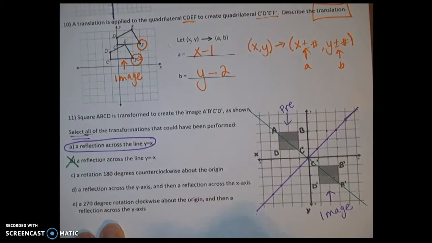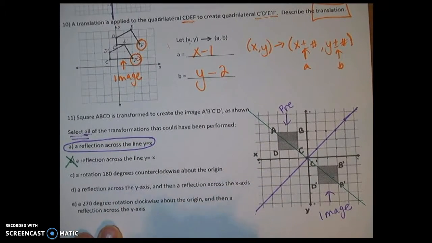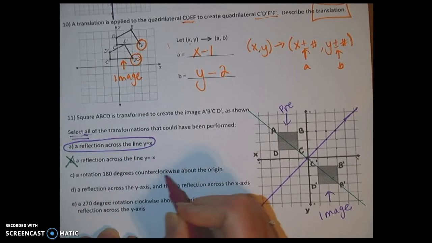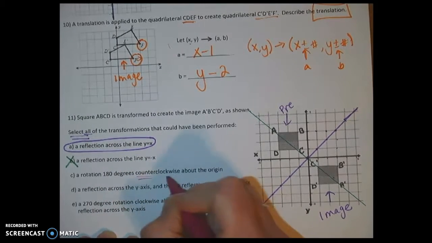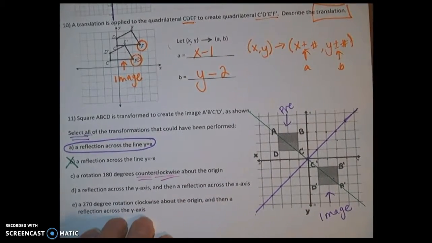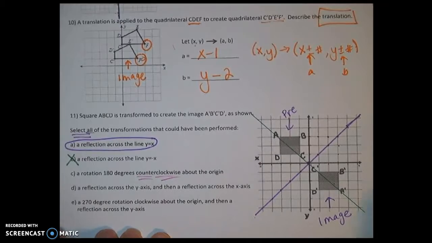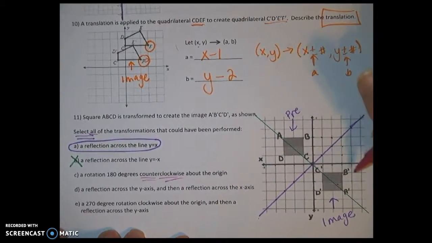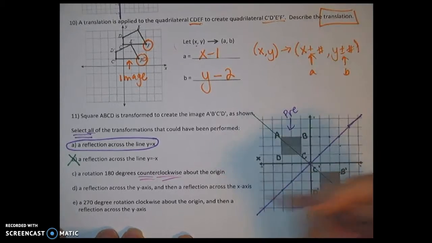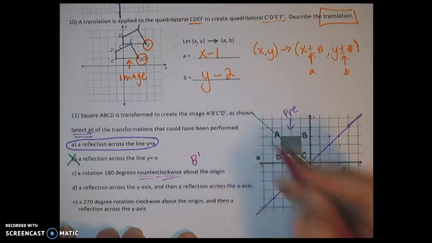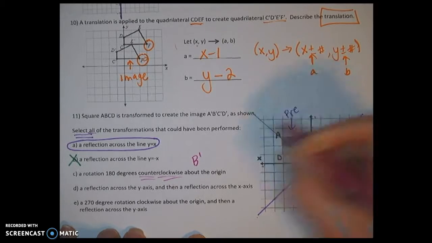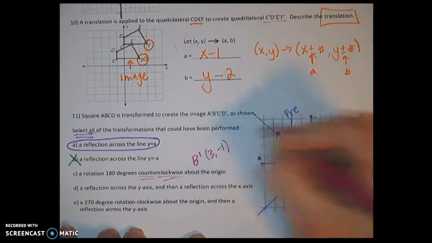The next one I'm going to look at is a rotation 180 degrees counterclockwise about the origin. In order to do that, I am going to write down what one of my points is. I am going to use the point B prime, and B prime would be 3, negative 1.